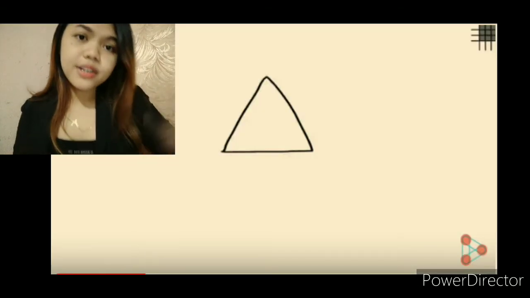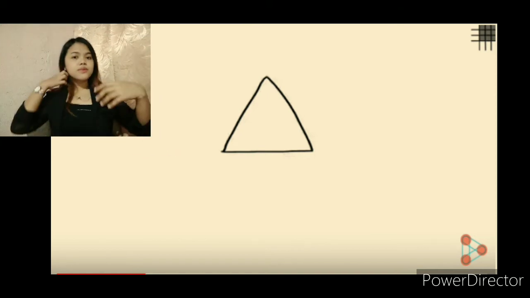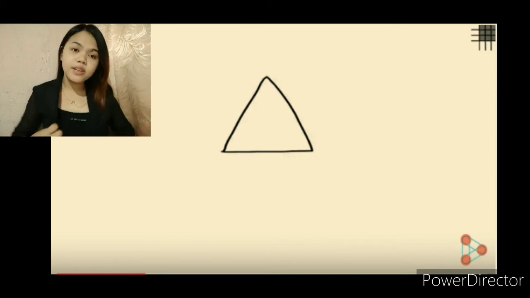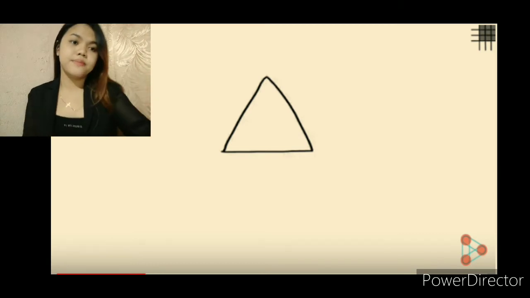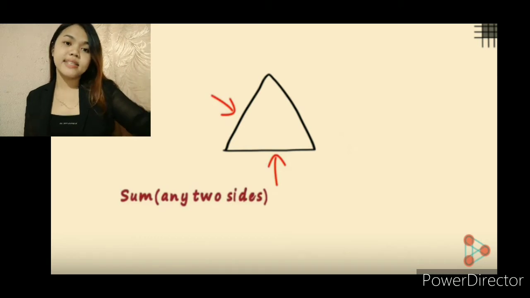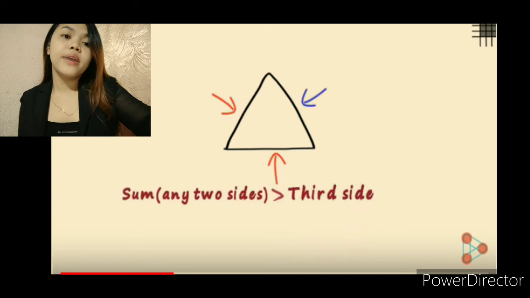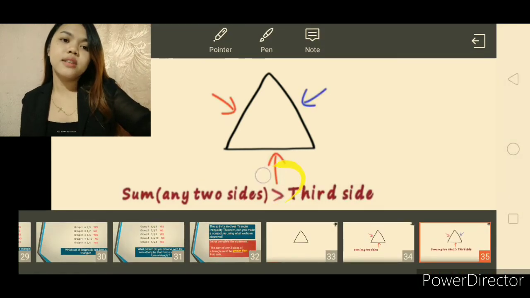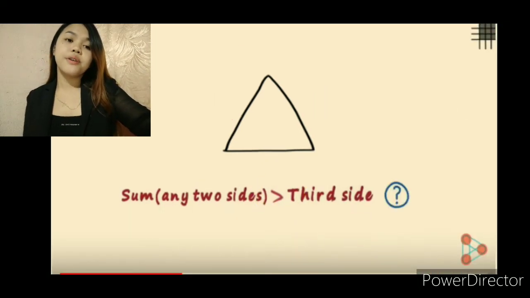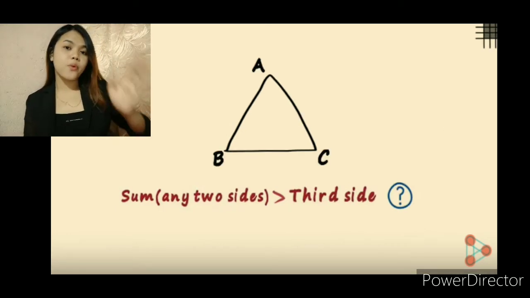So here, to discuss it more and clarify it more, let's have this example. You have any two sides. It can be that side and this side. So any two sides is always greater than the third side. So let's use vertices, remember, class?